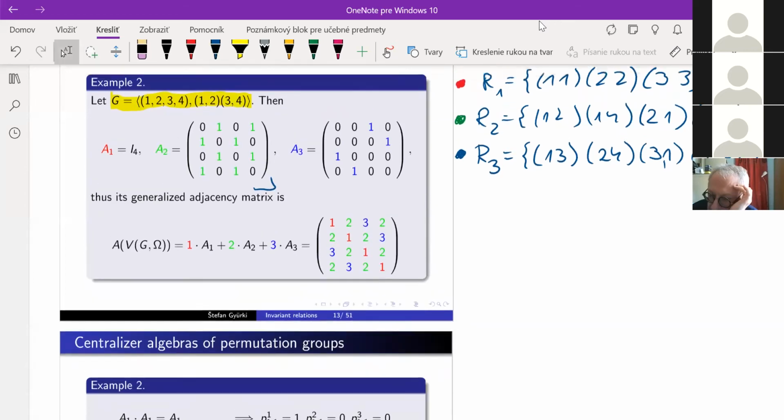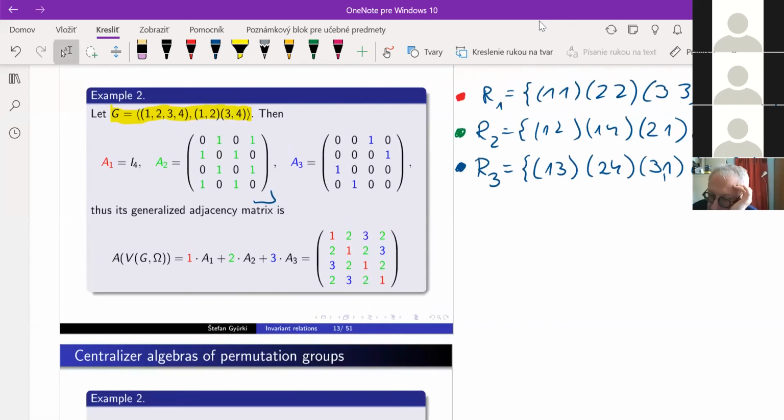Since this forms a partition of the complete binary relation over the set omega, I can write the generalized adjacency matrix in this form: all those entries corresponding to the first 2-orbit will be assigned to color 1, which in this case is the red color.